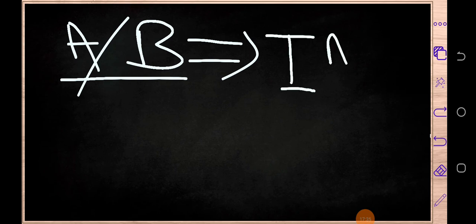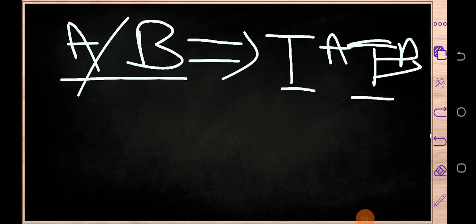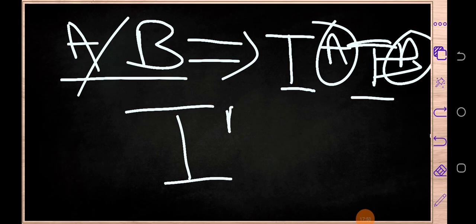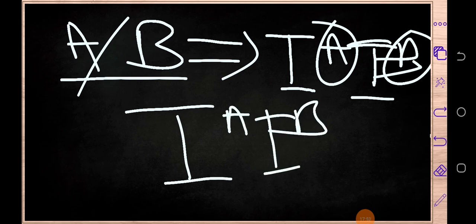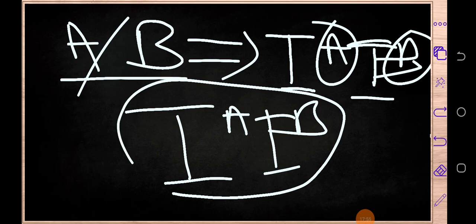Hence, we're talking about someone who has both alleles, the allele for blood group A and the allele for blood group B. So this is the genotype for someone who has blood group AB. Someone who has blood group AB can only have one genotype. There is no other genotype.